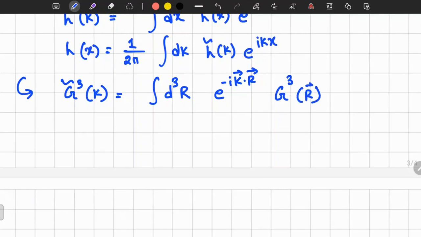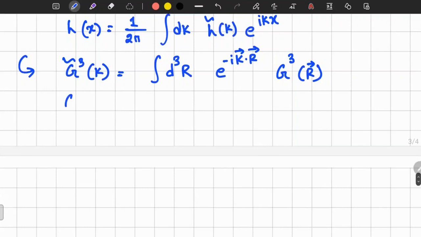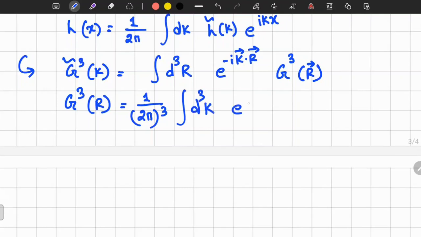So this is r, and this is the reverse Fourier transform, and the Fourier transform will be just 1 by 2 pi cube d3k e to the power plus ikr.